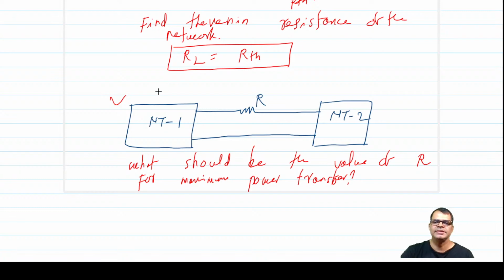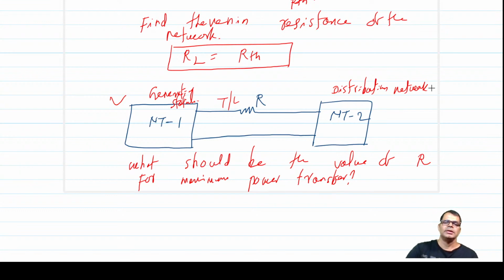For example, it is a generating station, this is your transmission line, this is the distribution center, the power distribution network. Very basic concept of an electrical power system: generating station, transmission line, and distribution network. That is from where you get the power from the supply.